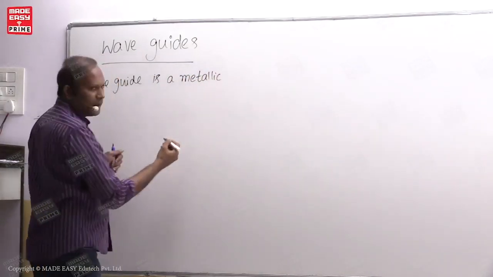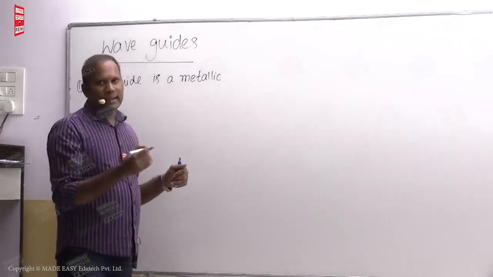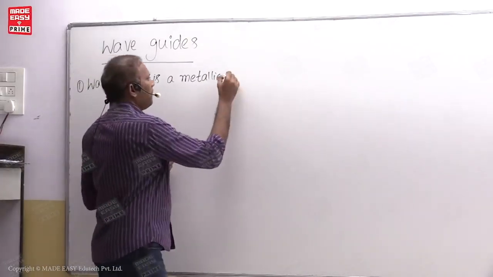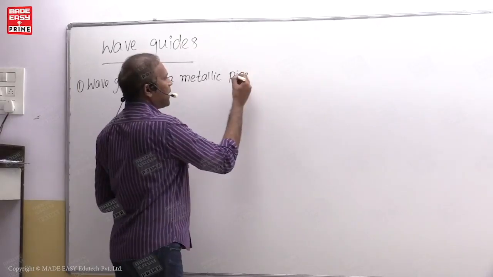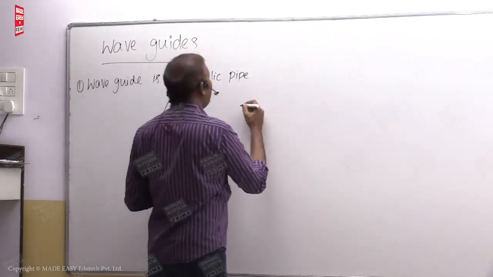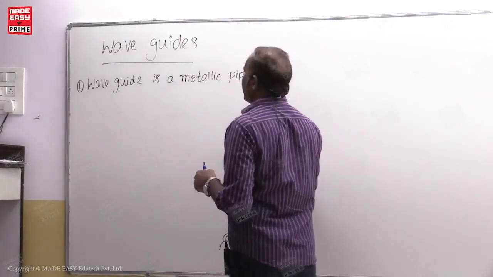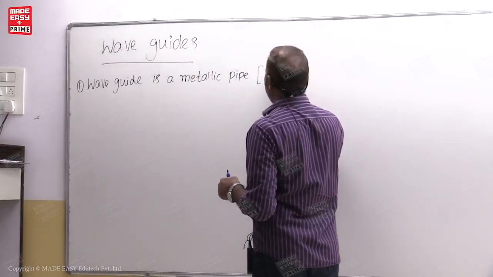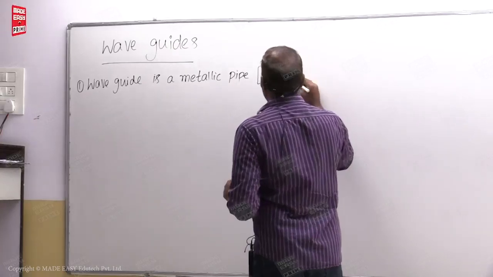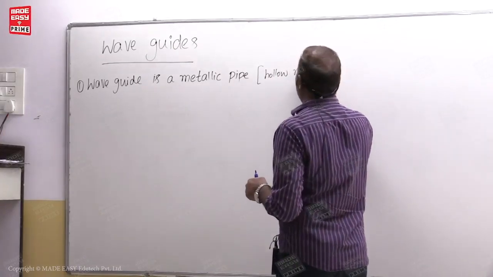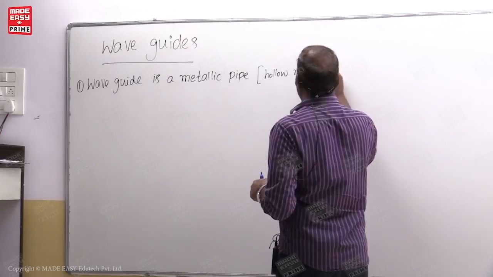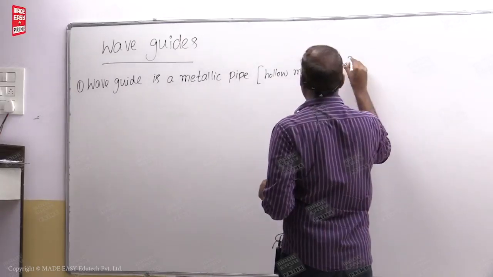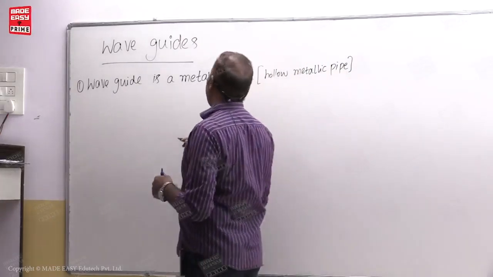Metallic means conductor, student. How many conductors? Single conductor. Metallic pipe. Pipe means inside hollow. Hollow metallic pipe. A waveguide is a metallic pipe.